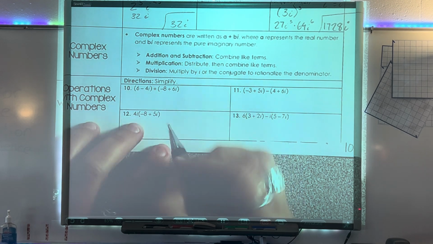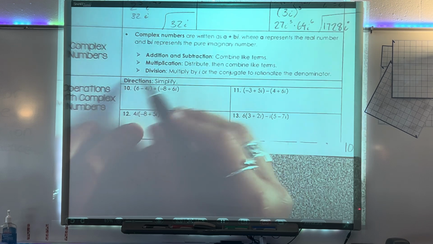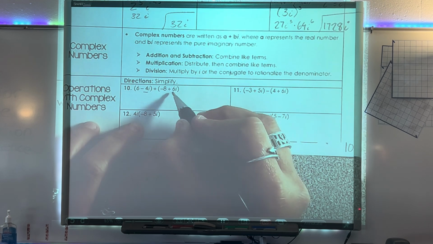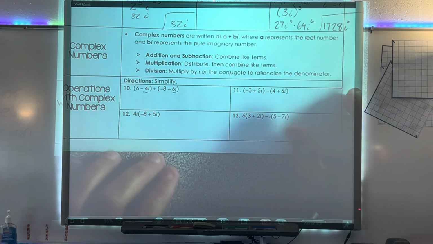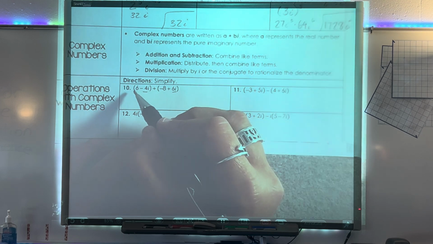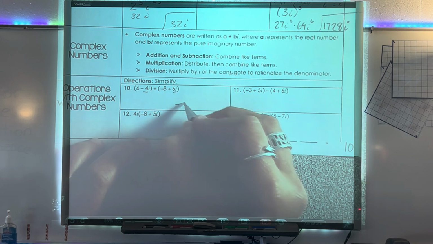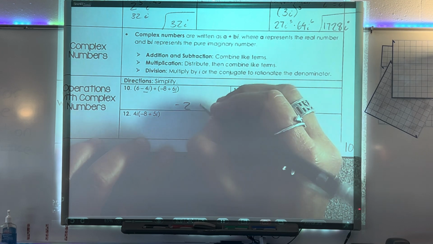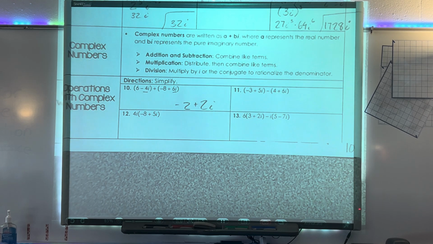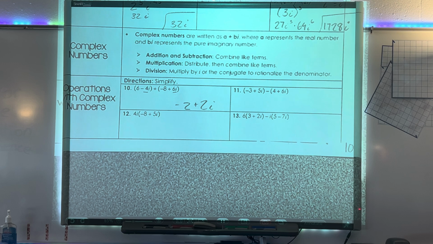So if I've got addition, I deal with my constants as one and my variable term as the other. Does that make sense? So then I'd have 6 minus 8, which would be -2. -4 and 6 would be +2i, and that's it. That's all you're doing right there. It's just adding and subtracting like terms, and in that case you're treating it just like you would treat x or anything else. There's really not anything super wonky on the addition or subtraction.